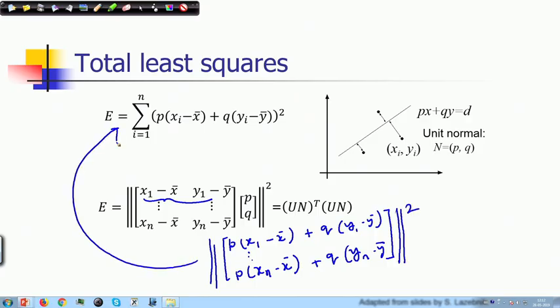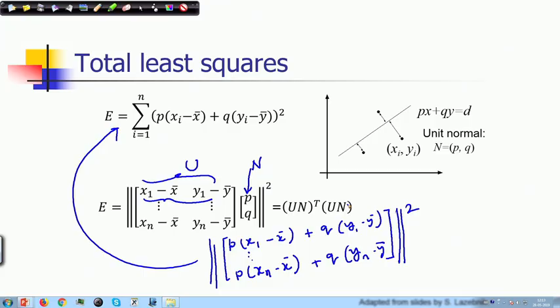So, this is how it is represented in this form, and you would like to make E equal to 0. We would like to get a solution, but this can be expressed also in this form, this is U, and this is n. So, we are representing it as (Un) transpose into (Un), as we did for the quadratic expressions in the previous case.